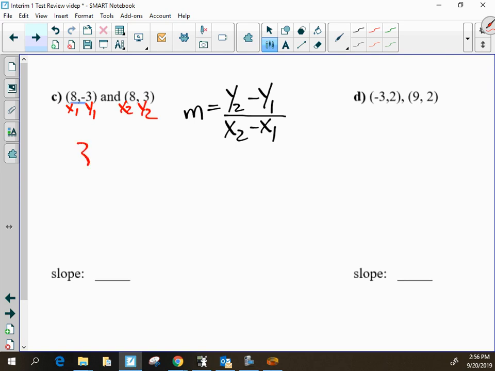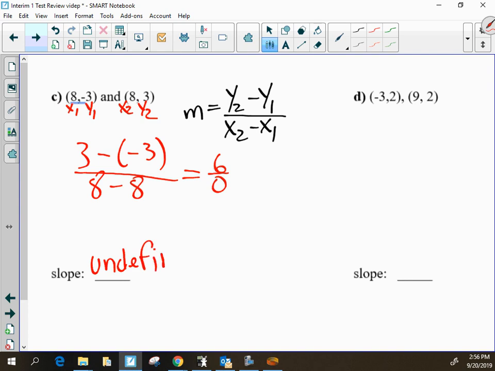So this is 3 minus -3 over 8 minus 8. And I will get 6 divided by 0. Now, we are not allowed to divide by 0 in math class, so the slope is undefined.